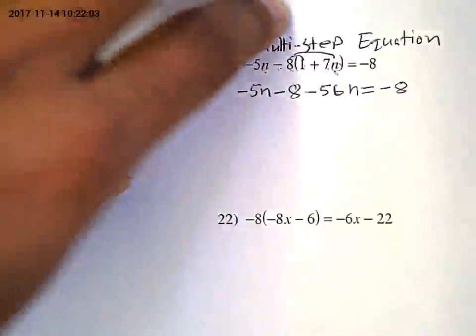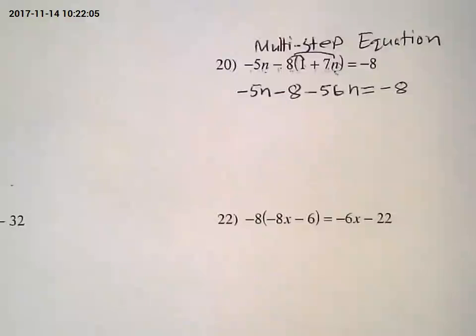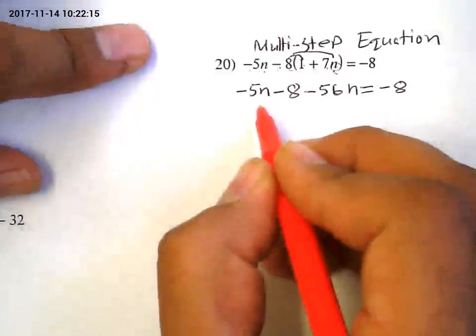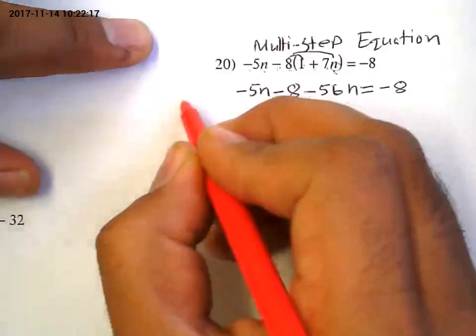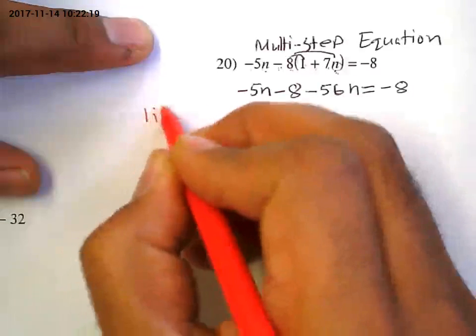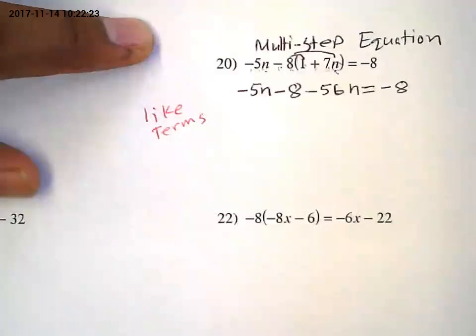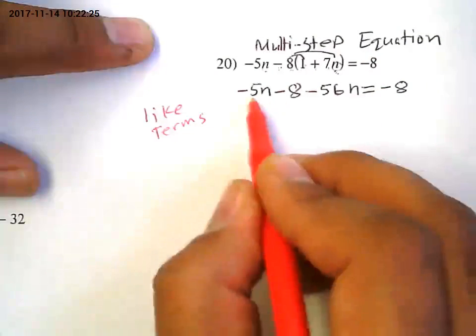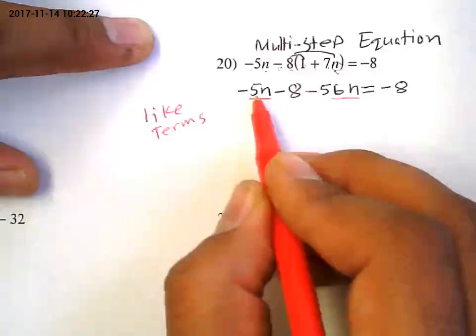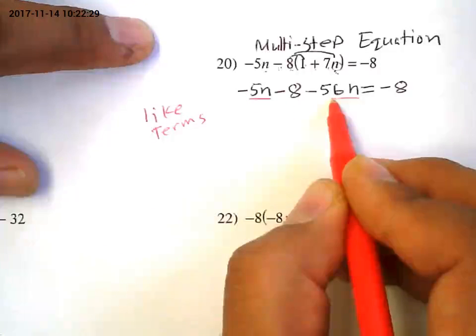So we'll do the second step, step 2. Now look for like terms. I'm going to write it here so you can see like terms. Look at which are like terms here. So negative 5n and negative 56n.